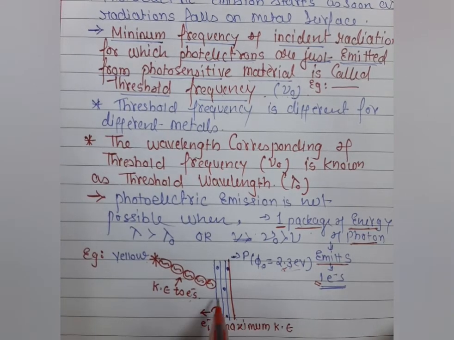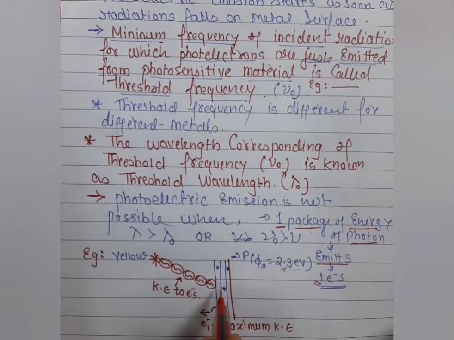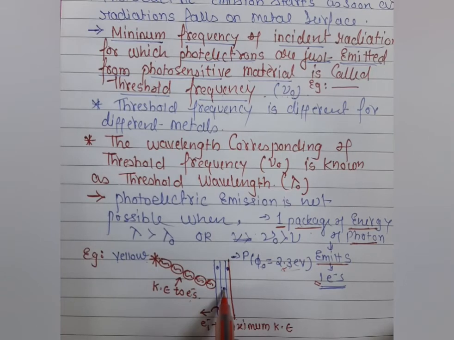And when we talk about the second layer, the second layer also experiences the same energy. This electron also gets the same energy, but it must be removed from the metal surface, so some work is done.